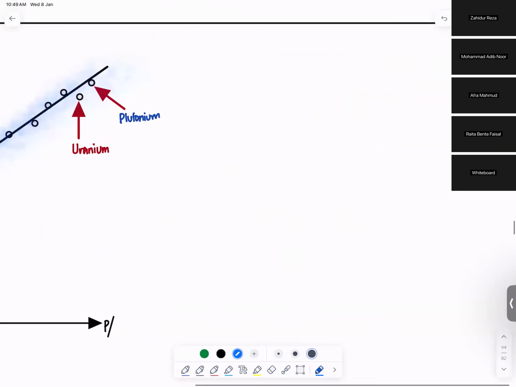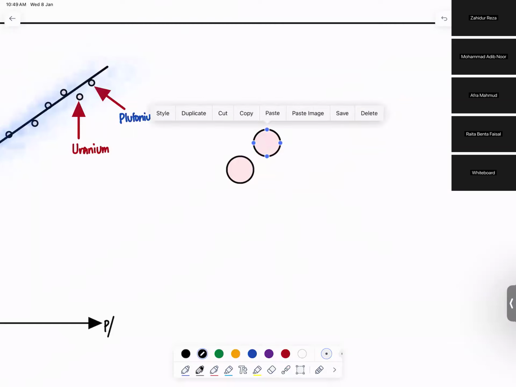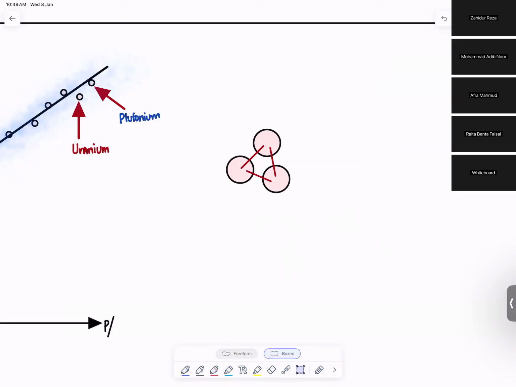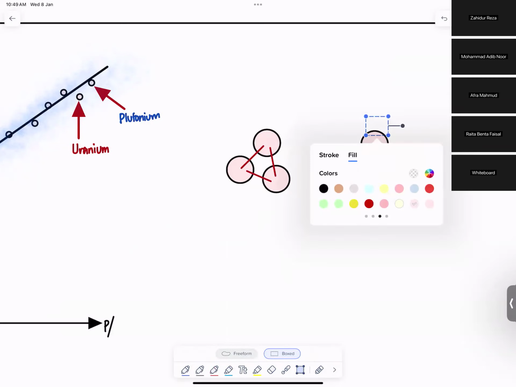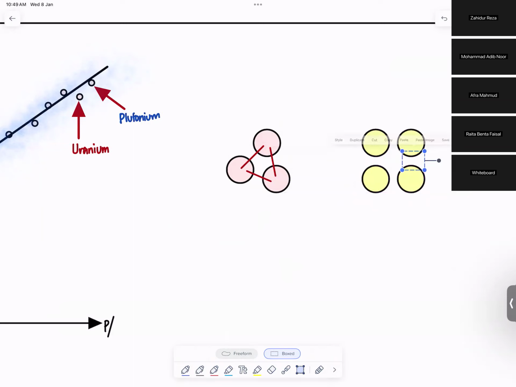I'll show you. Imagine I have this nucleus. In this nucleus there are three particles, and they're bound together by binding energy, like that. Now I also have another element here. This element has four particles in the nucleus, and these four particles are also bound together like this.